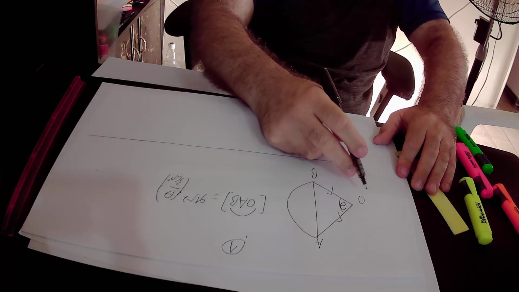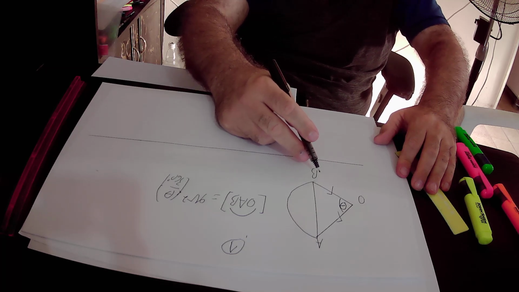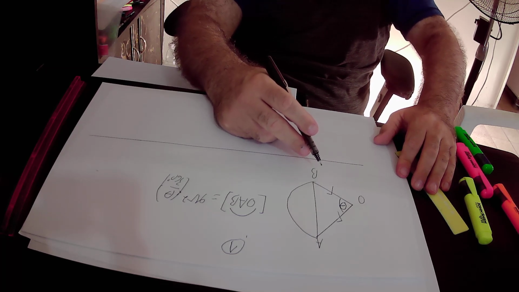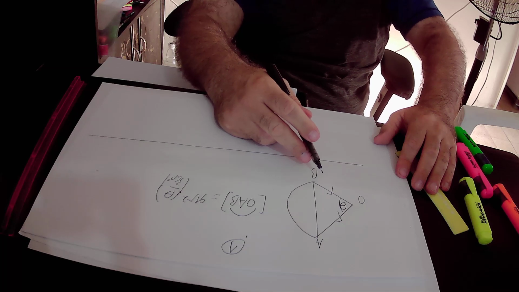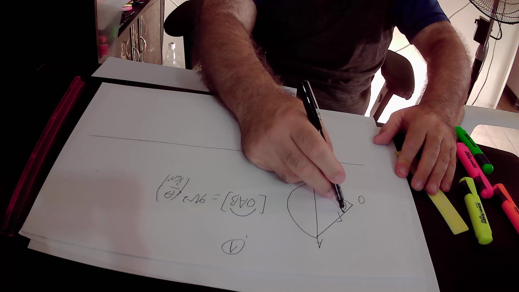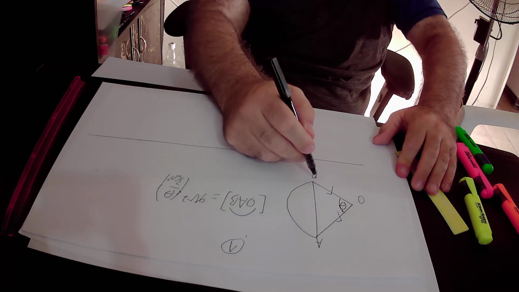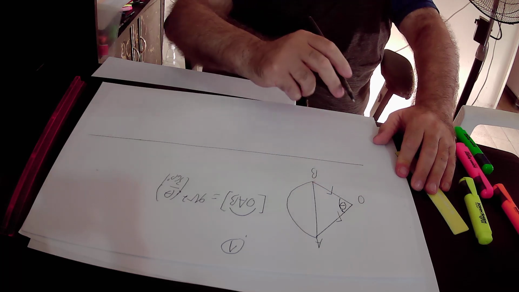So AO and OB are also defined as the legs of sector AOB, and theta is the angle between the legs of sector AOB.